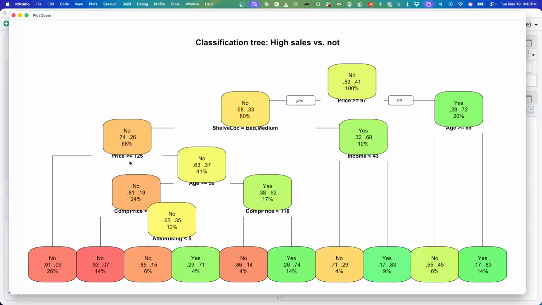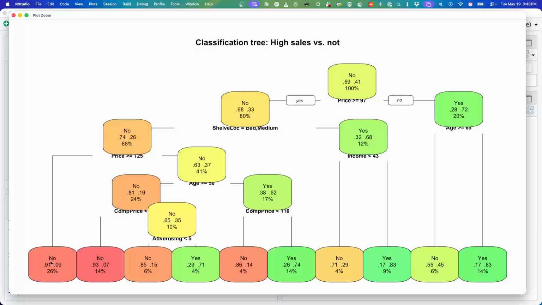It's going to break out these variables, these splits, until we meet our pre-pruning conditions. And here, what you'll see is that the purity of these is generally pretty high.